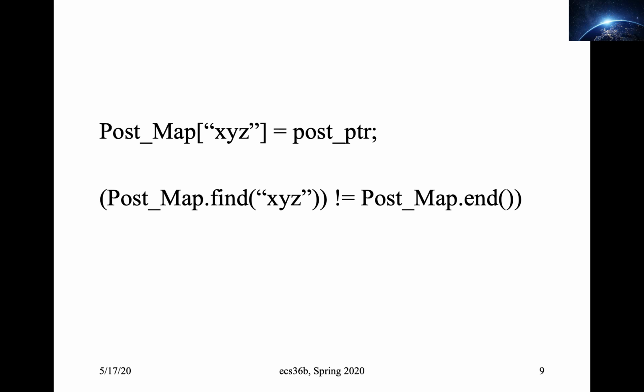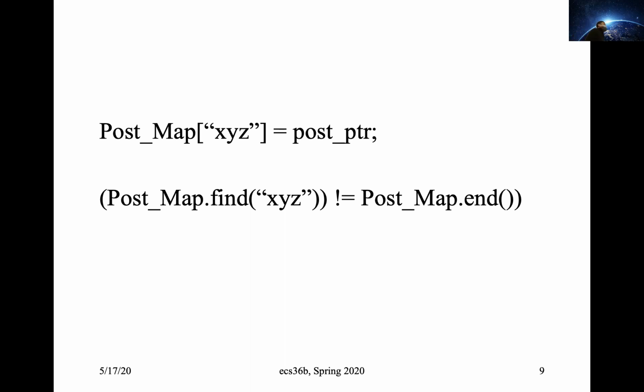So what happens here is that for the first one, you just say PostMap find XYZ. This helps you find the first element from the map. There could be one or multiple, but this is the syntax you use with find to try to retrieve it. It's fairly simple to do.